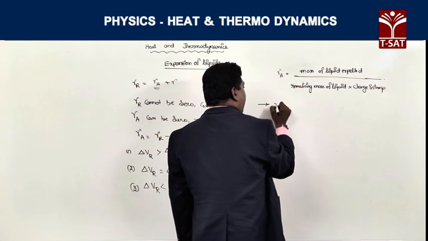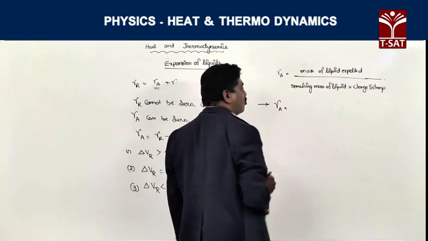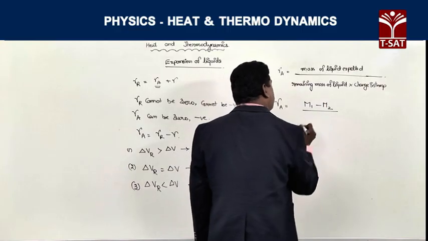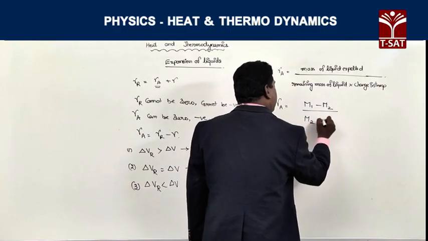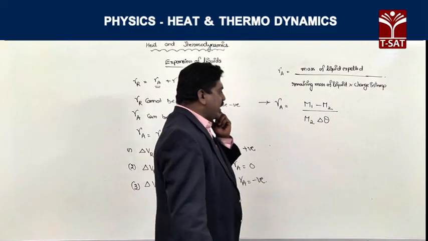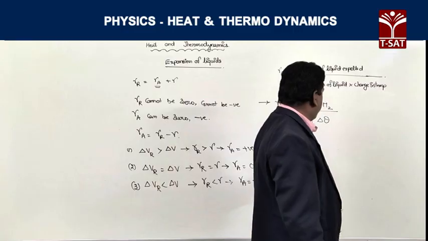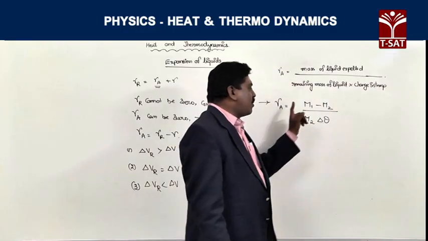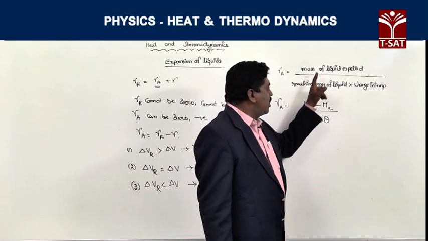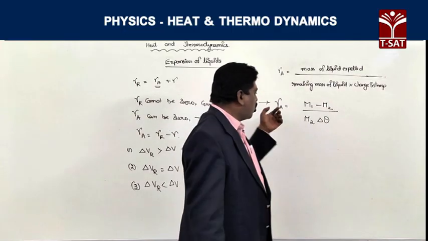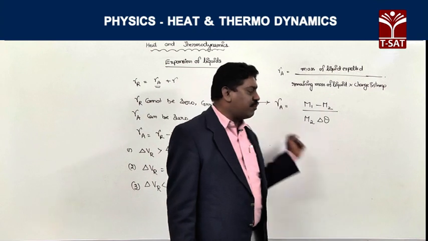This can be given as gamma A equals m1 minus m2 by m2 into delta theta, where m1 is the initial amount of liquid and m2 is the remaining amount of liquid. When we subtract m2 from m1, we get the mass of liquid expelled and m2 is the remaining mass of liquid. So, we can find the value of gamma A.